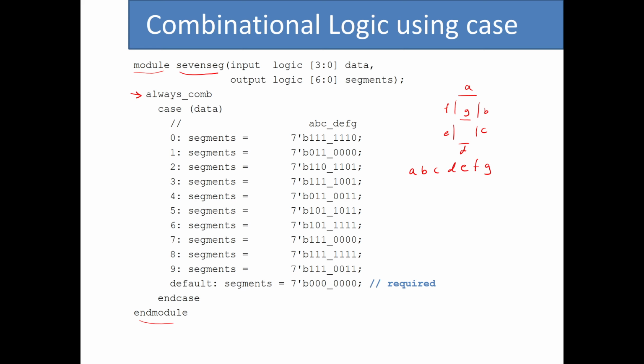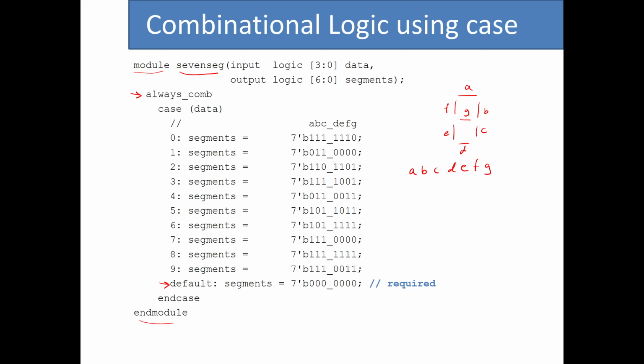One thing that you should consider is that we have all the cases for the data from 0 to 9, and then we have a default case which specifies what we should do if the data is greater than 9. If you remember, when I was talking about the 7-segment display, we said that there are some possibilities.